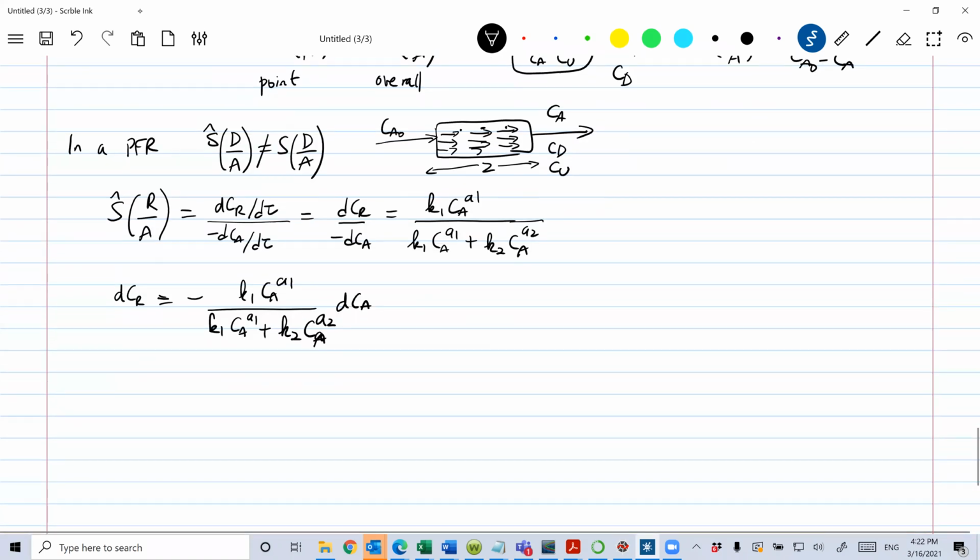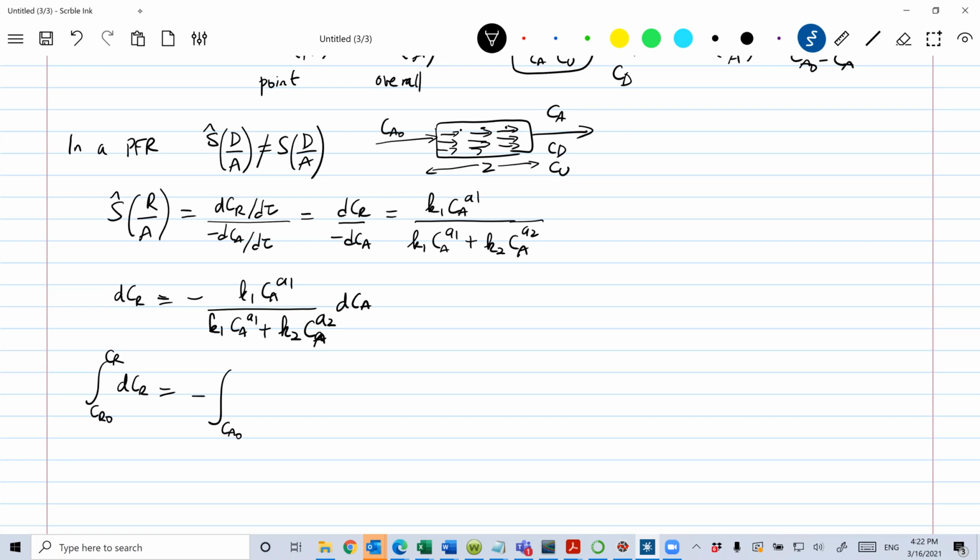You can integrate both sides. So here you'd integrate from CD naught to CD of dCD, and you would integrate here from CA naught to CA of dCA.